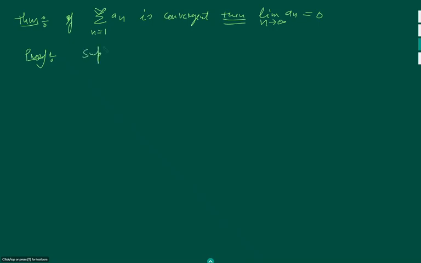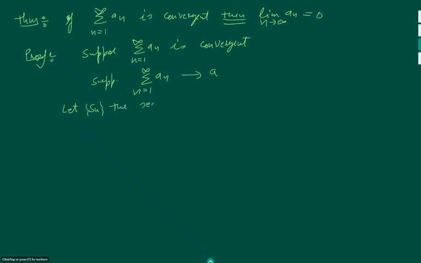Suppose it is convergent. Suppose it is convergent means it converges to some real number a, and let Sn be the sequence of partial sums of this series.